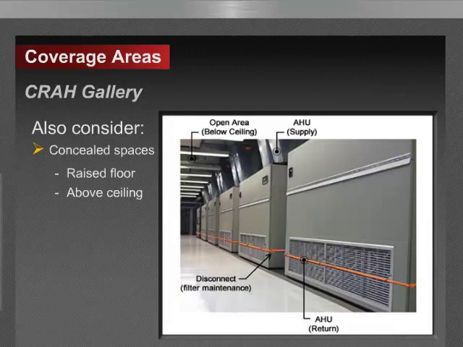And in CRAW galleries, consider placement of sampling points within concealed spaces housing combustibles, such as above false ceilings or below raised floors where present, within open areas below the ceiling, and at the return or supply side of the air handling units.